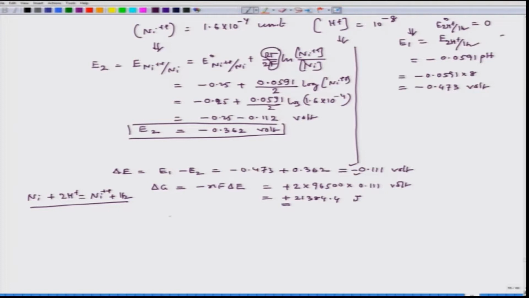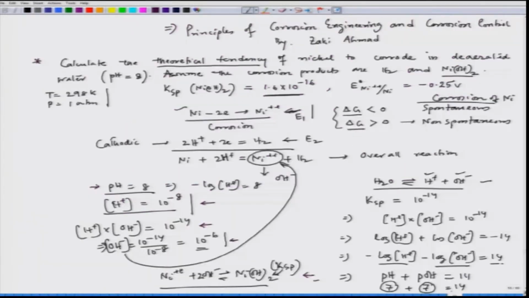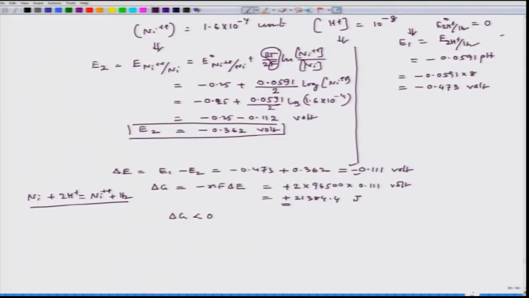So, for a spontaneous process, del G should have been less than 0, as we have seen before. If we see this part, this is the section I am talking about. So, del G negative means spontaneous, del G positive means non-spontaneous.